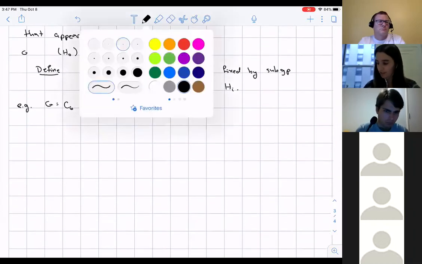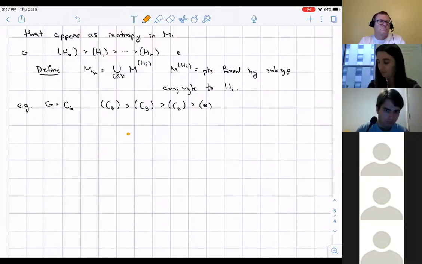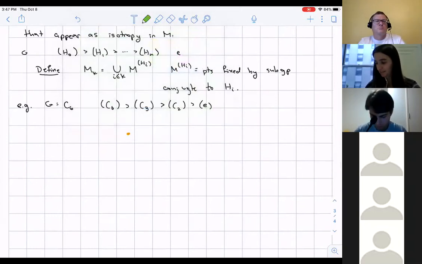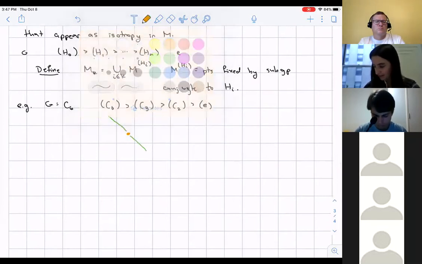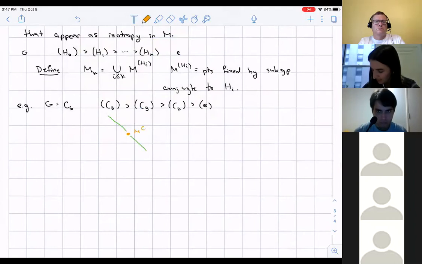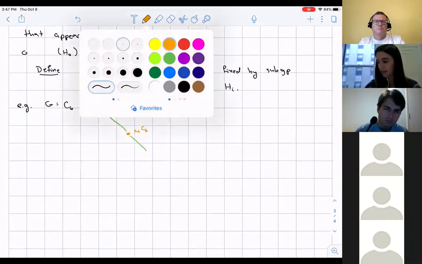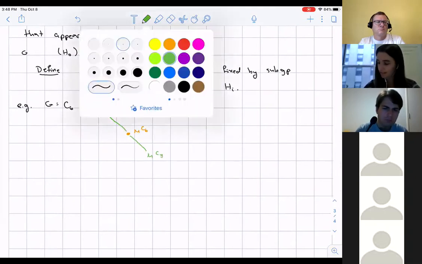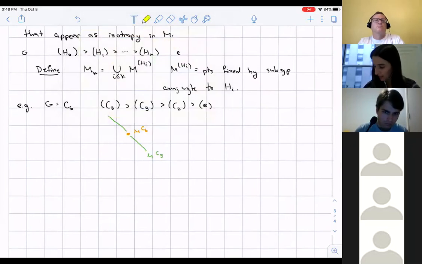And so then you're building this submanifold by, well, first maybe you have this orange thing, so this is M^{C6}, and then maybe you're adding in M^{C3}, and then maybe you're adding in M^{C2}.